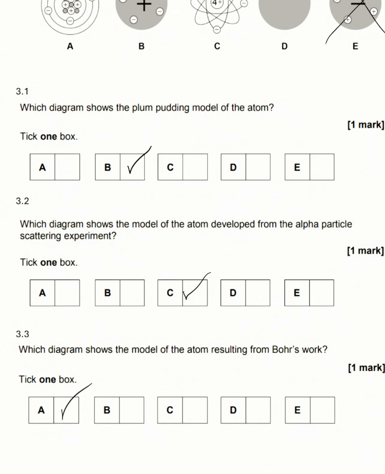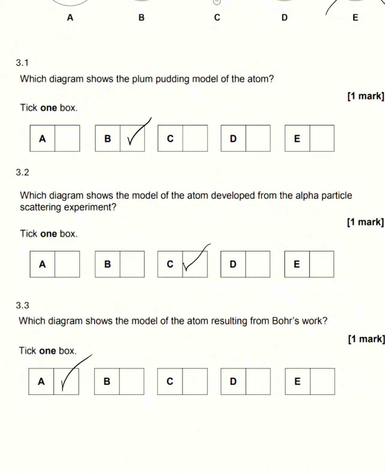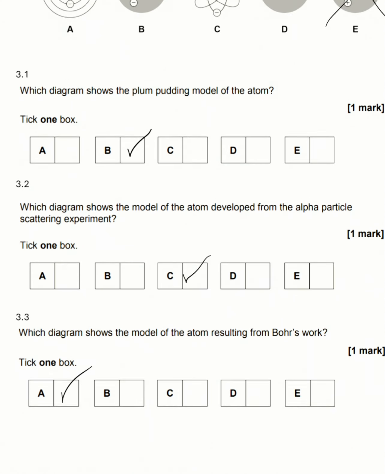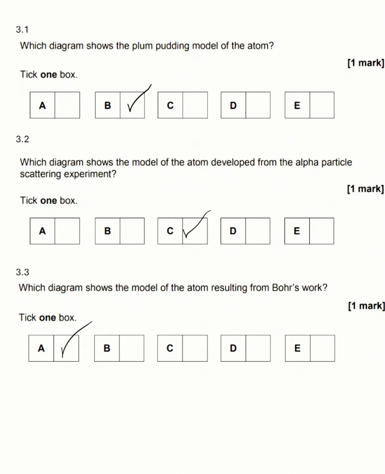So I could see why some people might get confused there, but it's certainly not any of the others. So A is the most likely answer. But I could take issue with that question and say, well, it's showing neutrons, so really it should be from Chadwick's work. But we'll give it that. It's A.